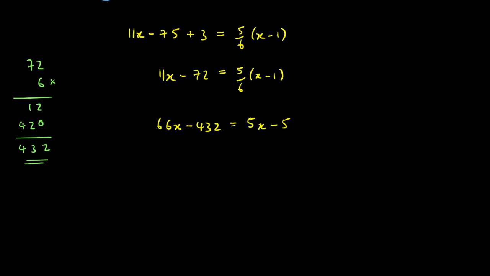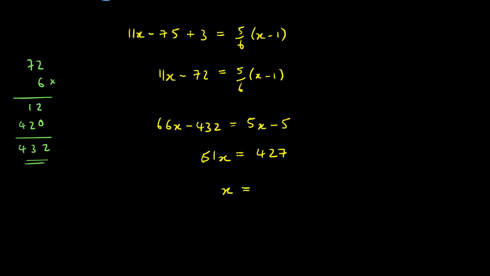And let's just rearrange that. So I think that's going to be 61x. If I add 432 to both sides, that's going to be 427, I think. Oh, sorry, that's 61x, isn't it? Not 51, 61. And of course, then I'd have to do 427 divided by 61.